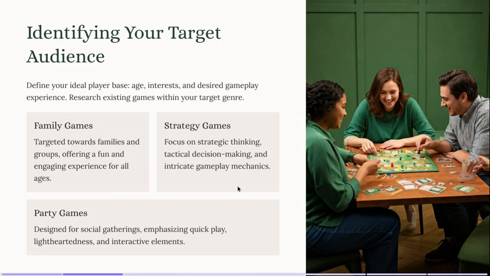Or you can also use a tool such as Jungle Scout to get an idea of what board games are selling really well. And this will allow you to get an idea of what groups or what markets are still wide open. For example, you can look at certain themes or interests that are gaining popularity in the past few months and adjust your approach based on that.